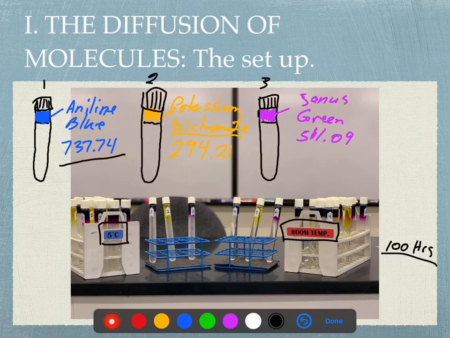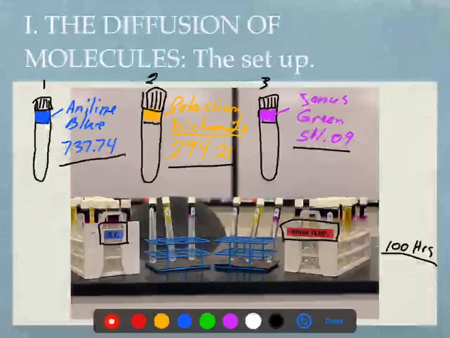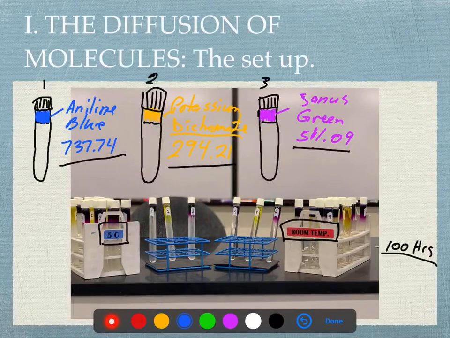Okay, so we should take notice that aniline blue is the heaviest, potassium dichromate is the lightest, and Janus green is somewhere in between those two in its weight. So over the course of 100 hours, what exactly happened with these dye particles that were sitting on top of the jello? Well, over time, they started to diffuse into the jello.